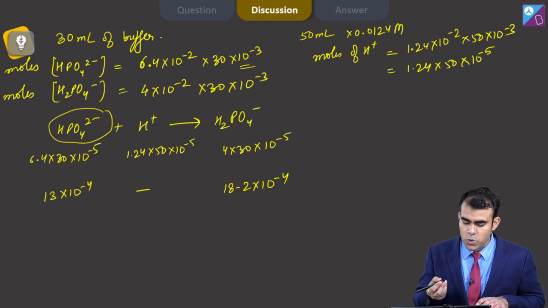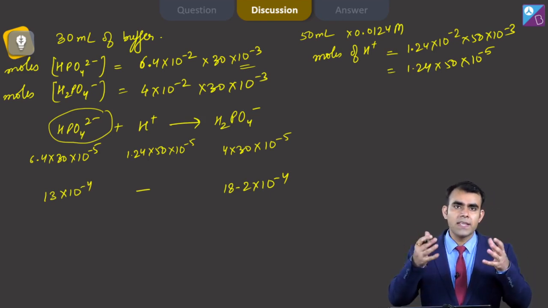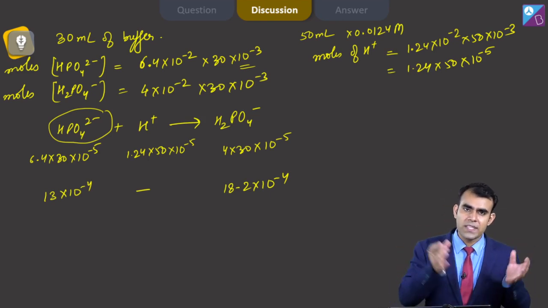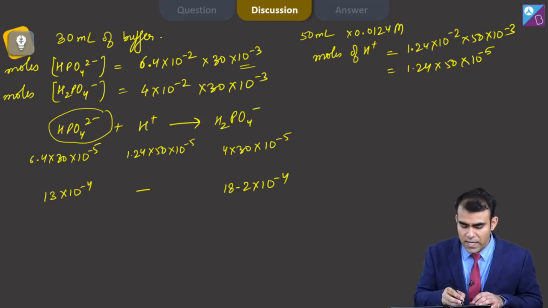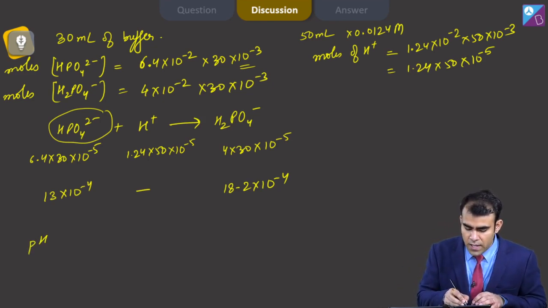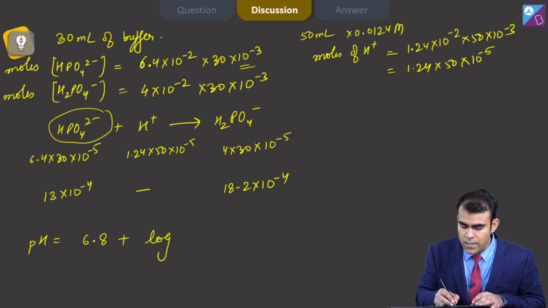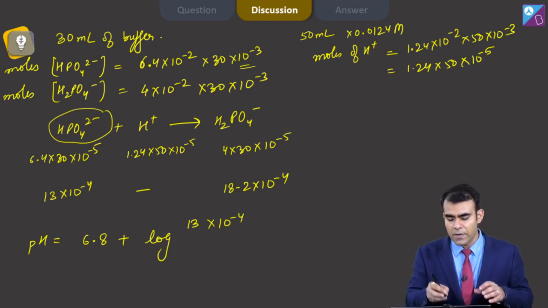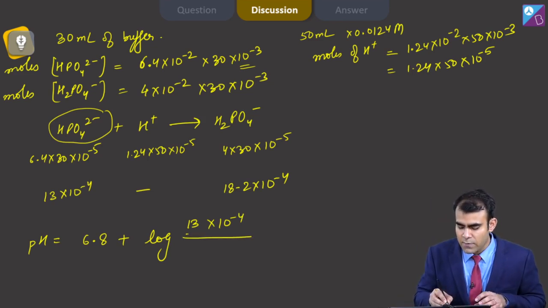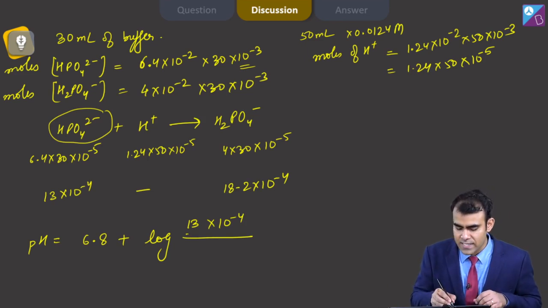So what we have to do now? We know that finally the volume of both is the same, so whether I take volume or not doesn't matter. So pH is equal to pKa plus log of moles of salt divided by moles of acid. I am not taking the volume here because volume will get cancelled out, and this is 18.2 into 10 to the power minus 4.